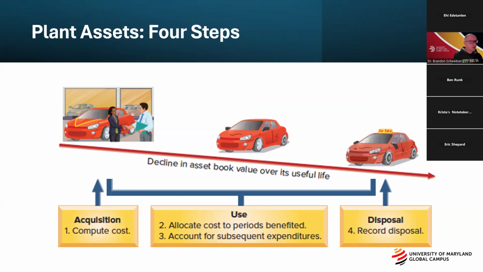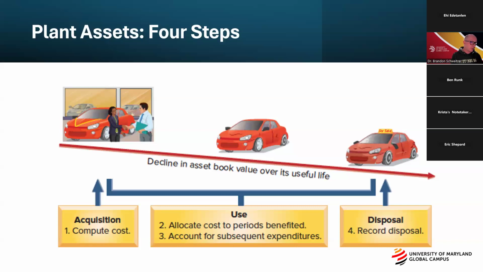It also includes the purchase price plus all of what we call landed costs. It's the purchase price plus the cost of installation, plus the cost of testing, etc. The cost of the insurance of transporting the equipment. We add all those together and they become what we call the acquisition cost. So the first thing we do is we compute the acquisition cost.